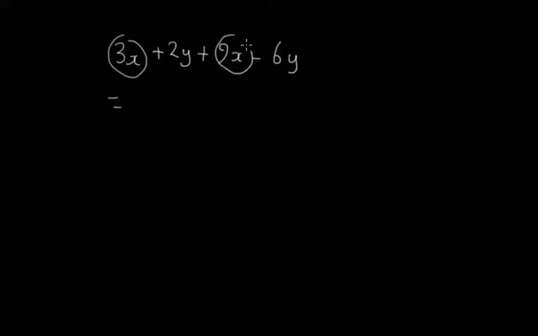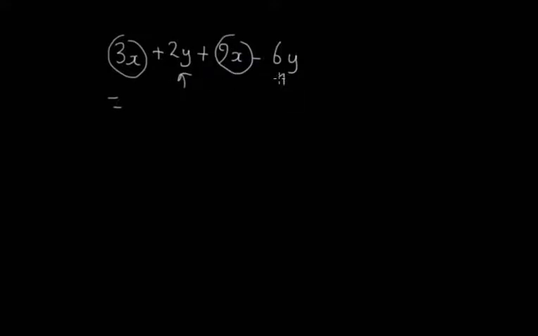Let's look at another one. Say we had 3x plus 2y plus 9x minus 6y. Again, we look for terms that are of the same kind. So this is all to do with x's.